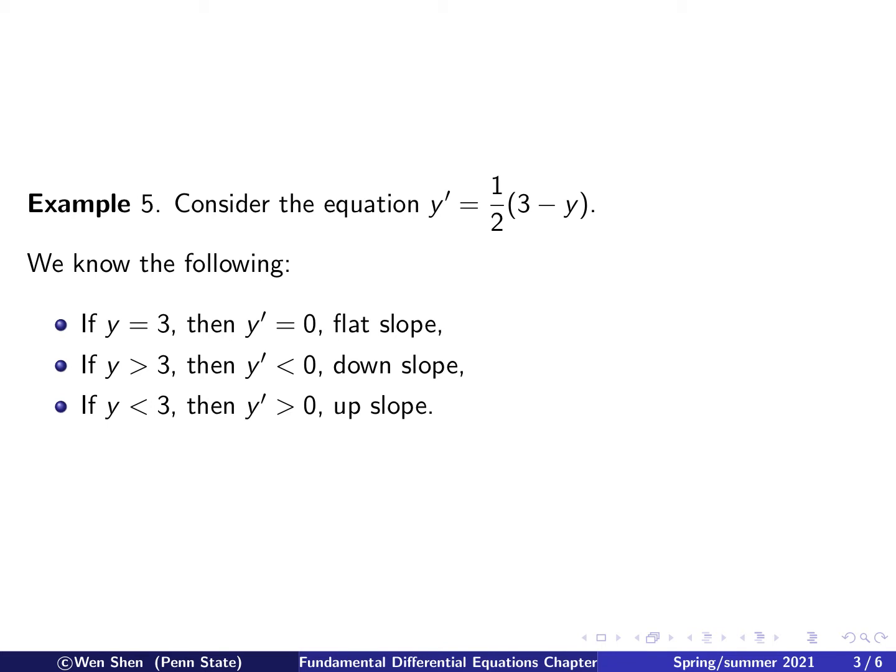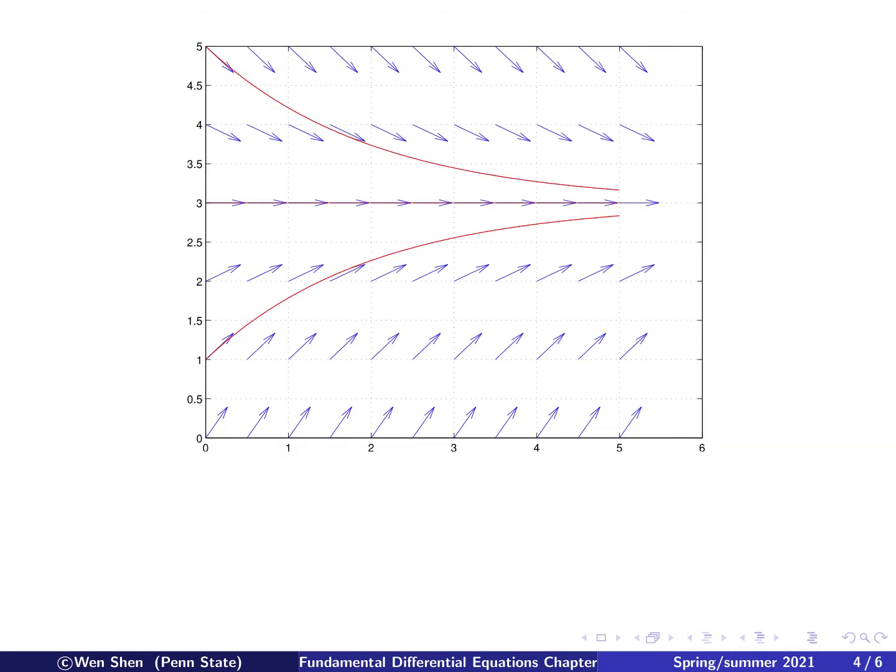Okay, now let's look into details of how they really look. Here is a graph with a lot of information, so let's be patient and look at them one at a time. So pretend it's a blank page, and now we focus on the case when y equals 3.